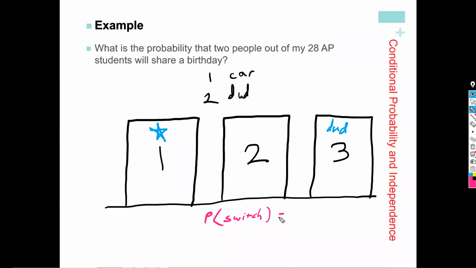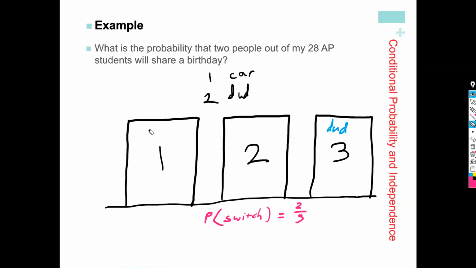And here comes the paradox. The paradox is that this answer, the probability that we win if we switch doors, you might think that because we have 2 doors left, that we have a 1/2 chance. But that is not the case. It is actually in our favor to switch doors. We're more likely to win here if we switch than if we don't. So here's the reason for that.